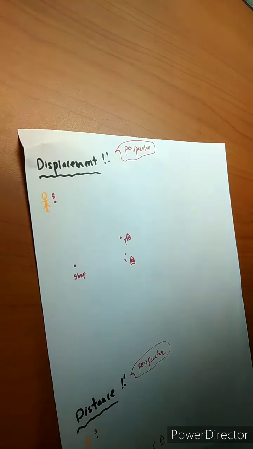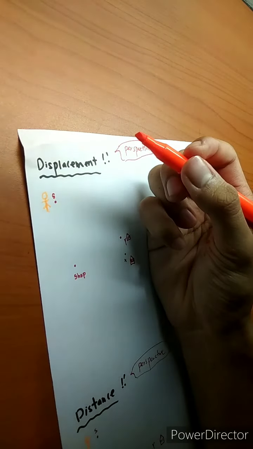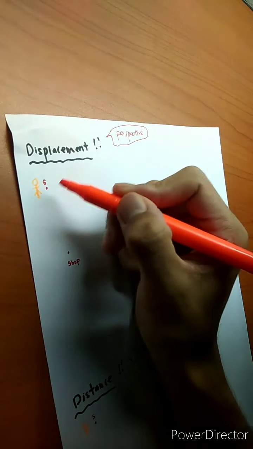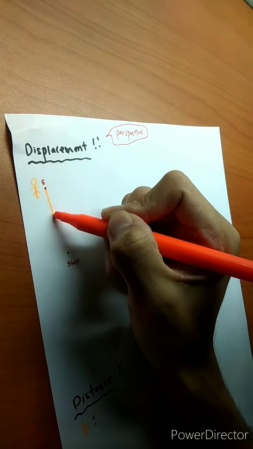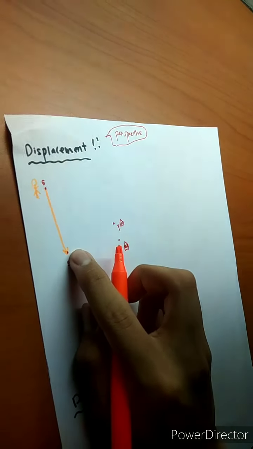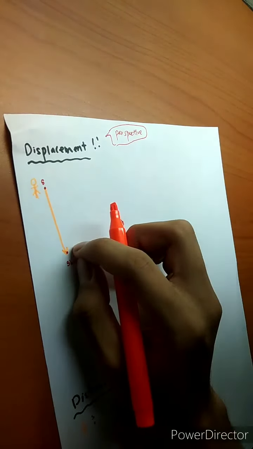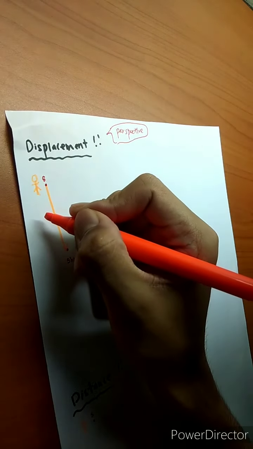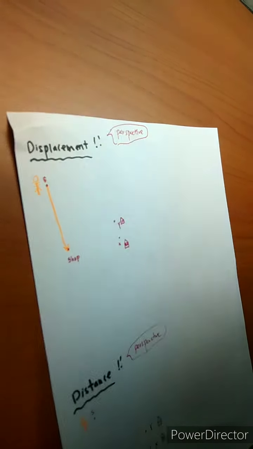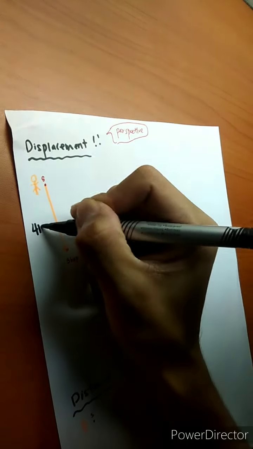I was traveling from my home to buy something at the shop, heading south, and this is a vector, remember, it is indicated by an arrow. It is, for example, 4 kilometers. Wow, very far.